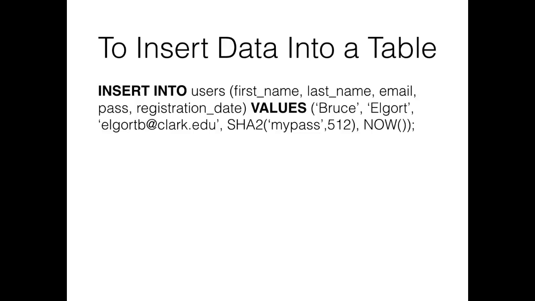It's going to use some encryption that you'll learn about soon. And then it's going to use another function called now, which happens to be the date and time. So look at registration_date. The now function is going to return the date time that's currently on the server.